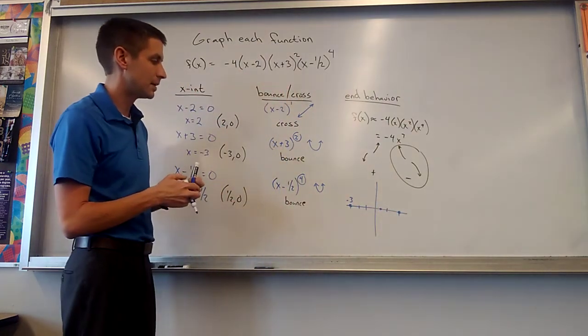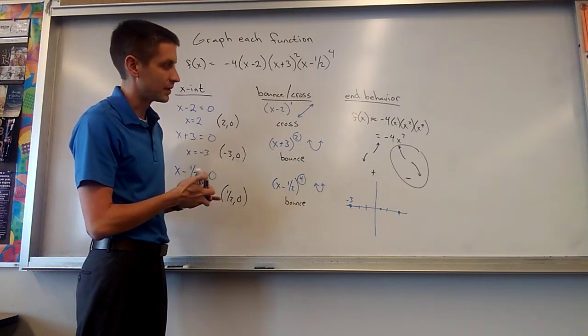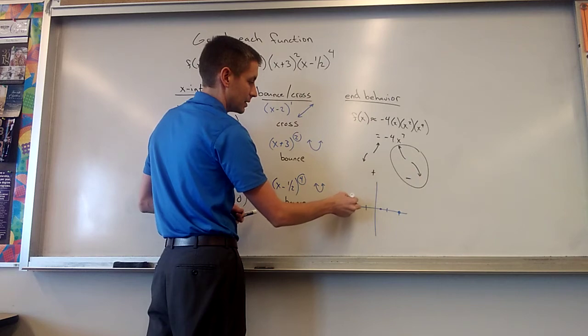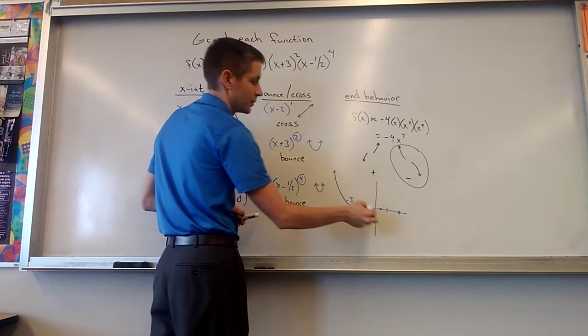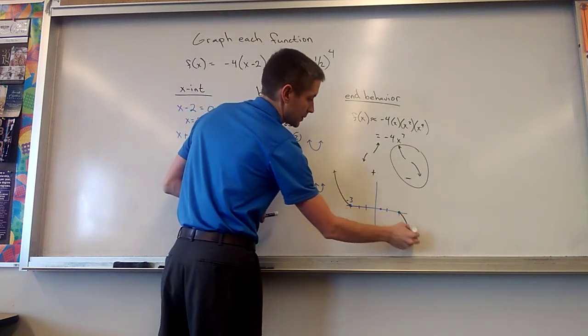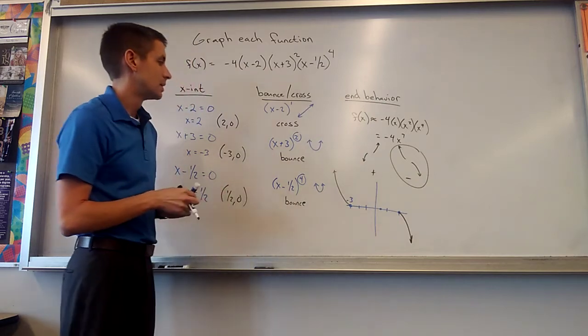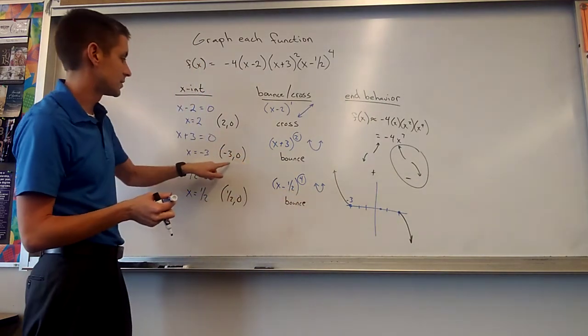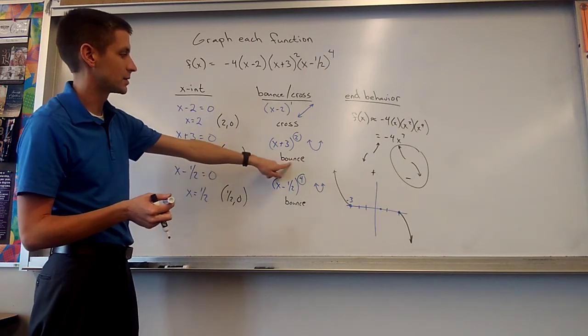So that left side is going to come up, that right side is going to drop down. Now let's go left to right on those intercepts. At -3 was our second one here. We determined that it was going to bounce off of that intercept and go to the next one. I'm going to bounce off here and then approach my second intercept.